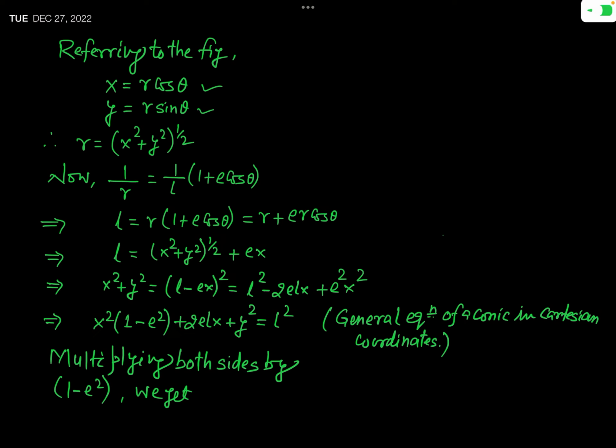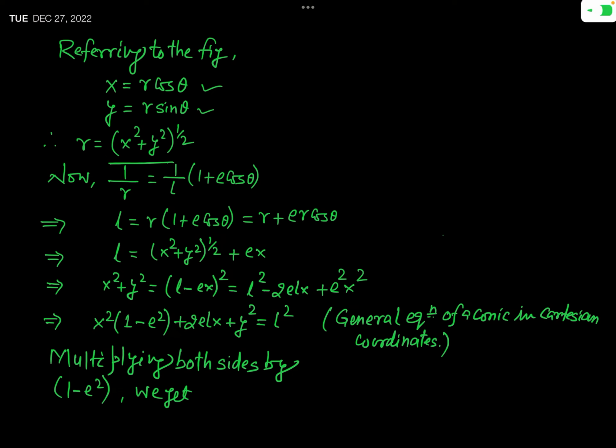You can square and add these two equations, and after squaring and adding we simply get x square plus y square equals r square times cos square theta plus sin square theta, but cos square theta plus sin square theta is 1, so that is simply r square. Therefore r is equal to the square root of x square plus y square.